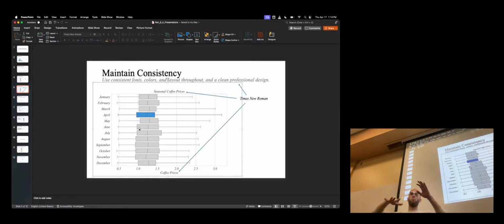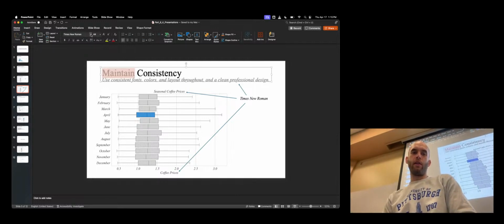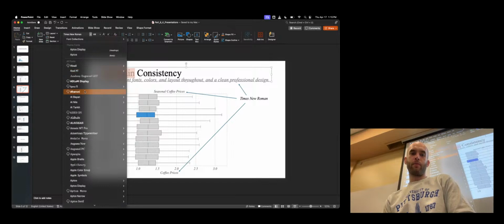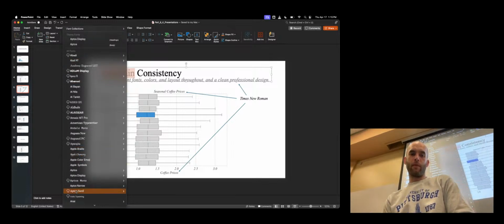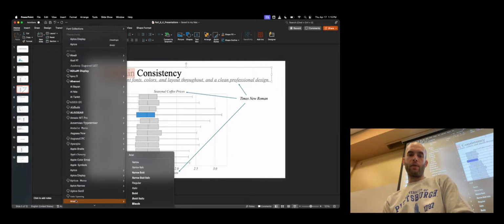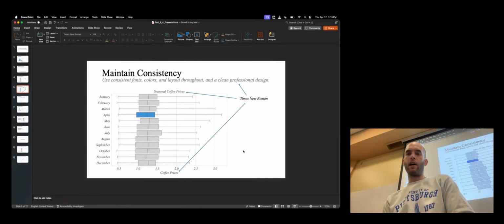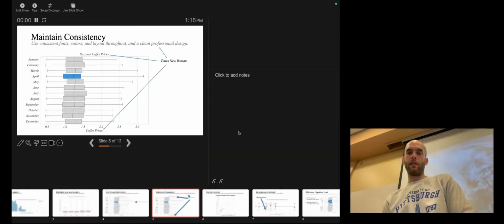So I had to synchronize across Python and PowerPoint. The default in Python is Arial. So if you don't want to change the default in Python, you can change the font in PowerPoint. So you could pick Arial here if you wanted to match it. But I recommend maintaining consistency with your fonts and your styles.